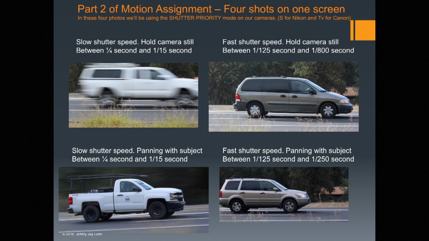So we're moving, following the subject with our camera. We're going to do that same panning technique with a faster shutter speed, between 1/125th and 1/250th of a second. You'll see that even though we're moving our camera and following the subject, the background is less blurred.